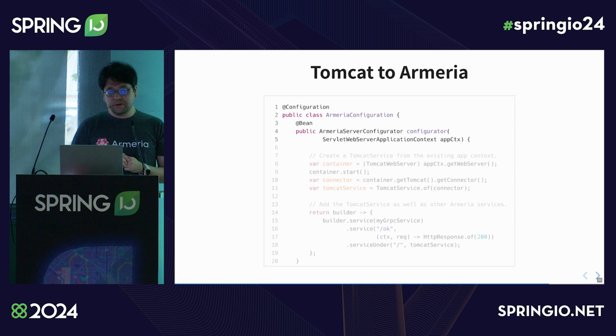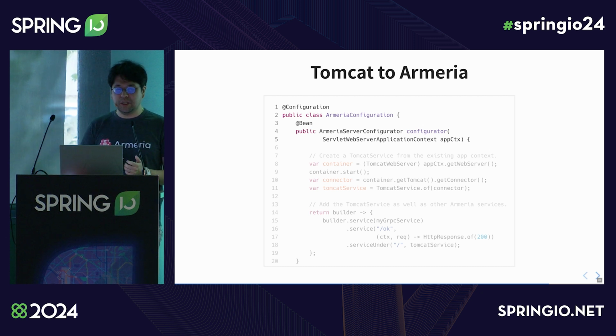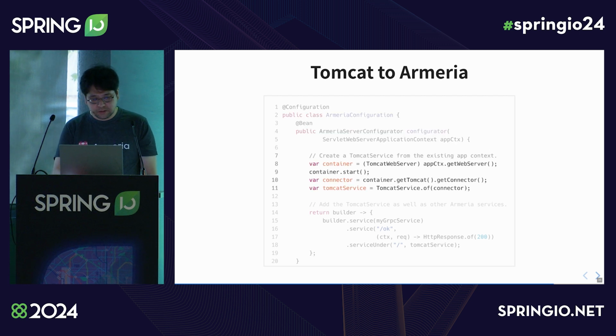The configurator bean part is more complex because we are reusing the embedded Tomcat managed by Spring Boot. So we let Spring inject the servlet web server application context, which gives the access to the embedded Tomcat instance.